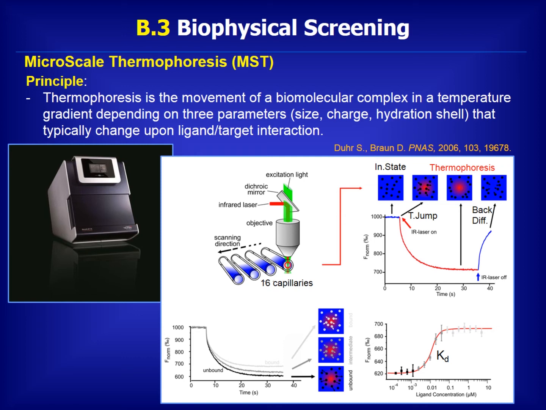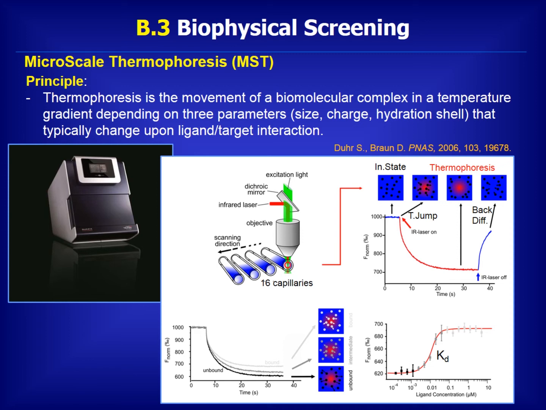In the next step, NMR hits were tested in MST experiments. MST, microscale thermophoresis, is a biophysical technique based on thermophoresis. Thermophoresis is a directed movement of particles in a temperature microgradient, depending on molecular properties such as size, charge, and hydration shell.